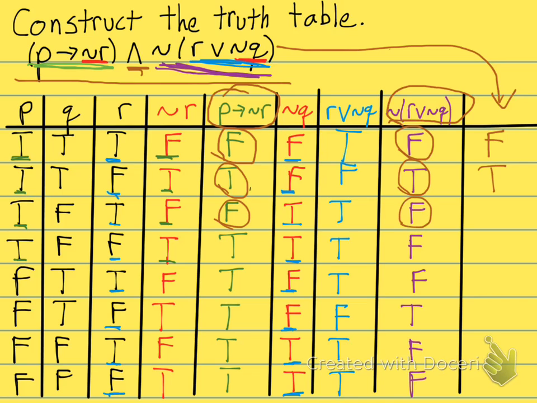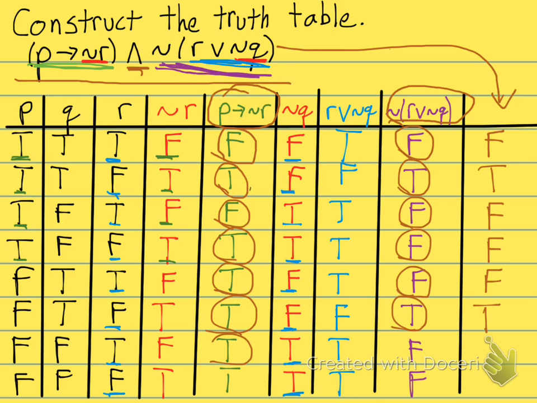False and a false would be false. True and false would be false. Again, a true and a false would be false. True and a true would be true. True and false would be false. And finally, true and false would be false.